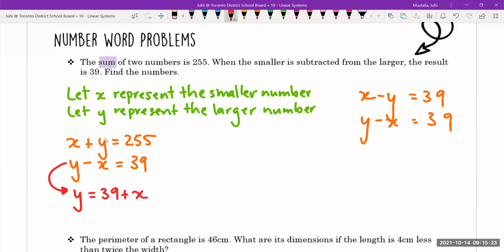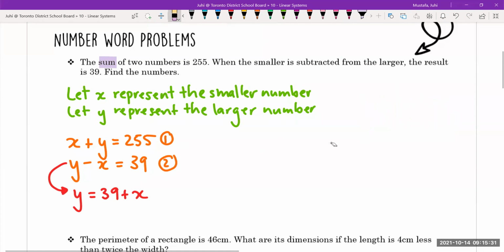I'm going to substitute this into the first equation. And by the way, I like to label this number 1 and number 2, just so we know the equations are separate. So I rearranged equation number 2 here. And now my instructions are going to be sub 2 into 1.